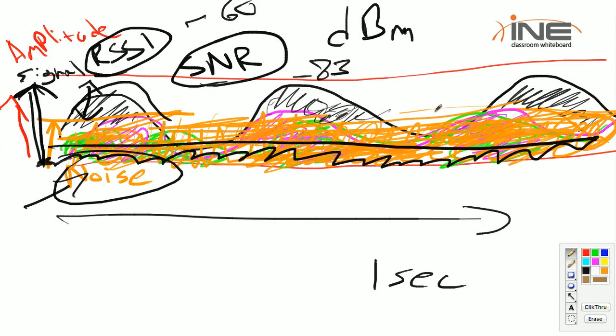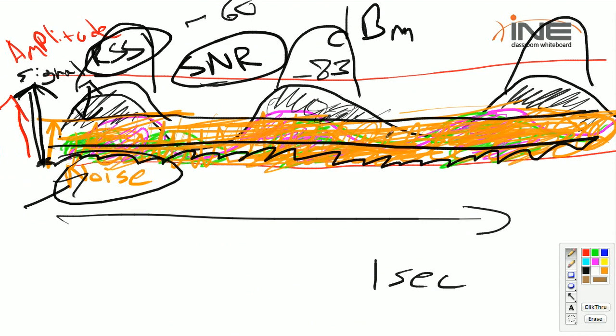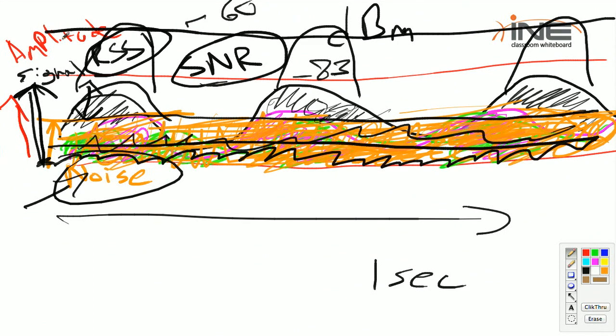Or I could increase my amplitude. I could put more milliwatts of power into my original transmission and make those peaks higher. And if I can do that, then even though my noise floor is still quite high, I've increased my overall amplitude. And of course, this is where we get into regulatory bodies. Are we allowed to increase our amplitude? Have we violated the maximum that we're allowed to broadcast or transmit at?